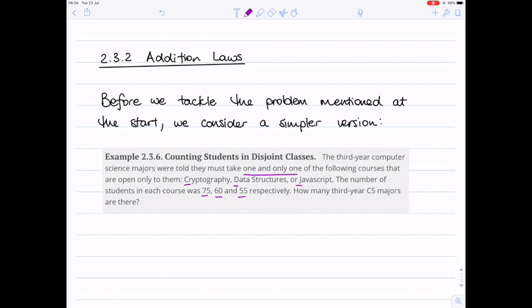So there are various ways that one could tackle this problem, but we might as well use what we've already developed, so use the idea of partitions. So we're thinking about a set of students, and what we'd like to know is what is the size of that set of third year computer science majors. So I'm thinking of my universe here as my third year comp sci majors.